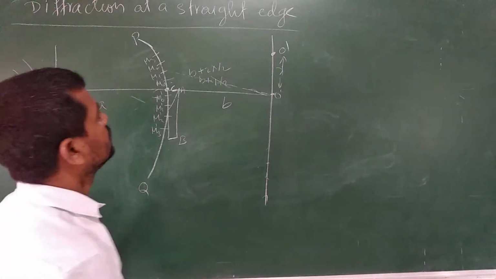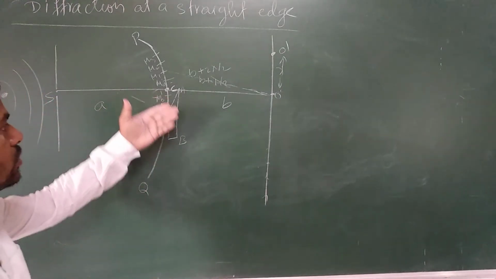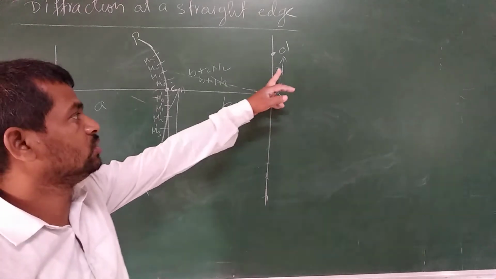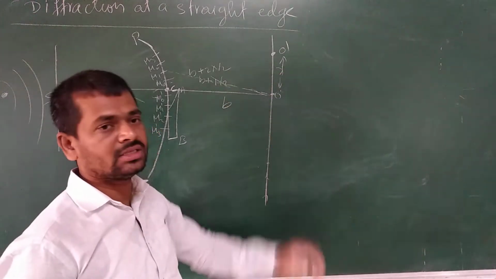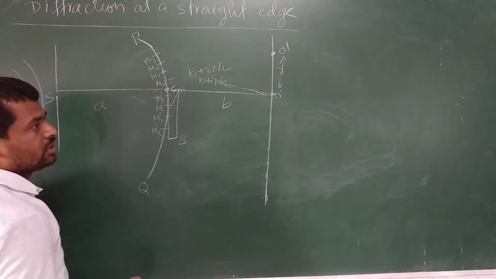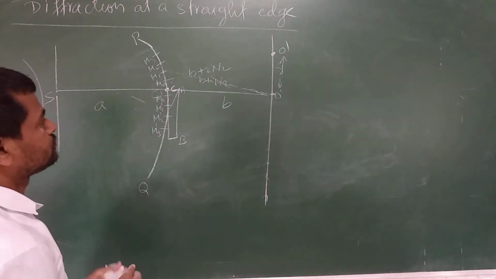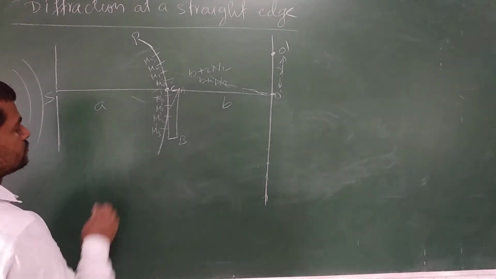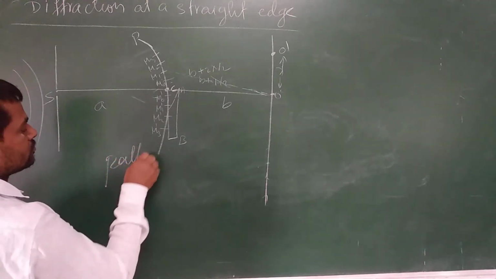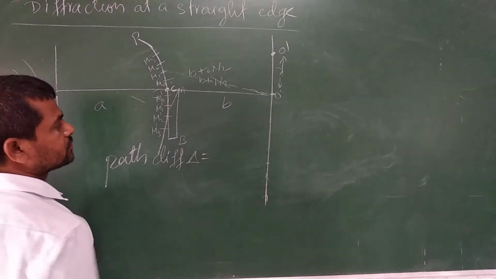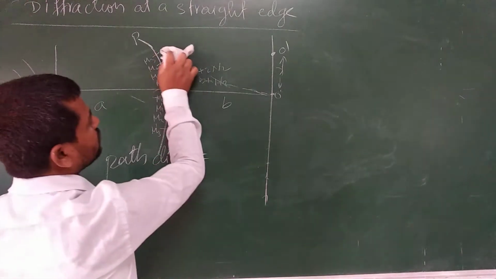And next let me obtain the equation: at what distance you get maximum, at what distance you get minimum. For this, I am going to consider the path difference. Let me denote the path difference with delta. So path difference between what and what?